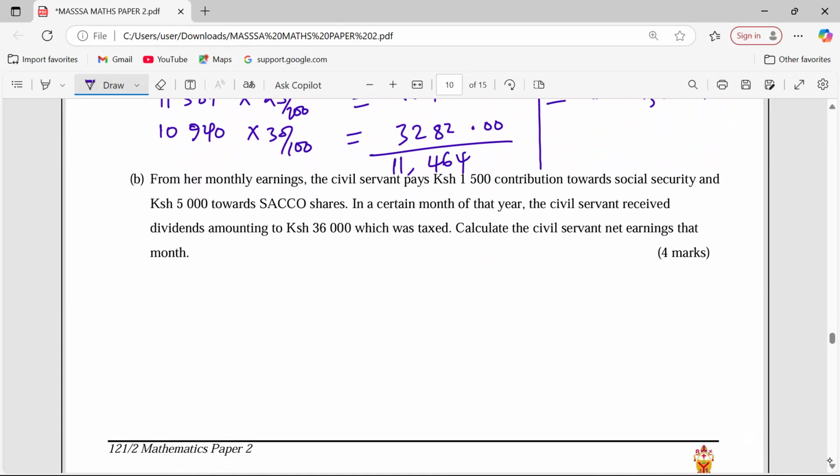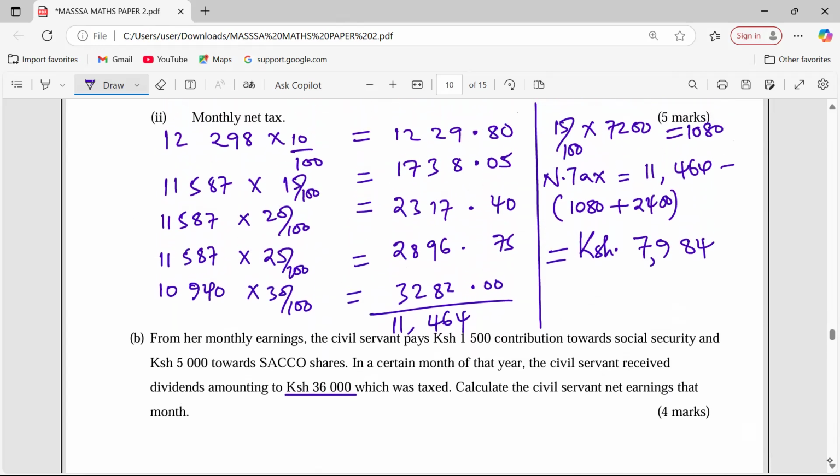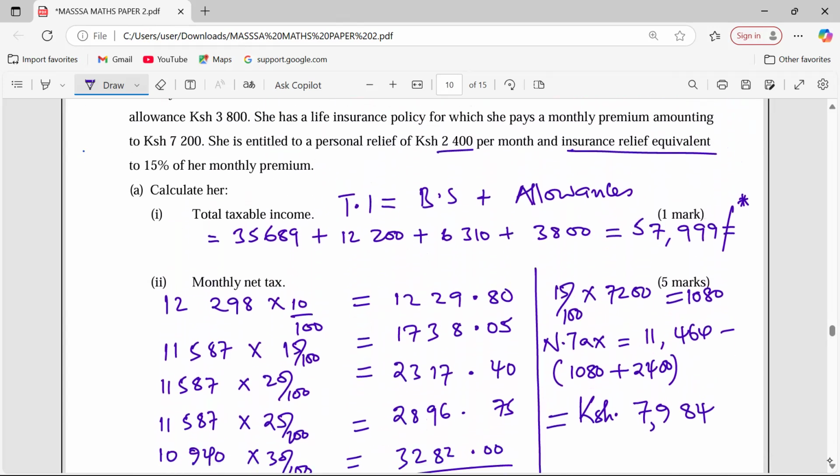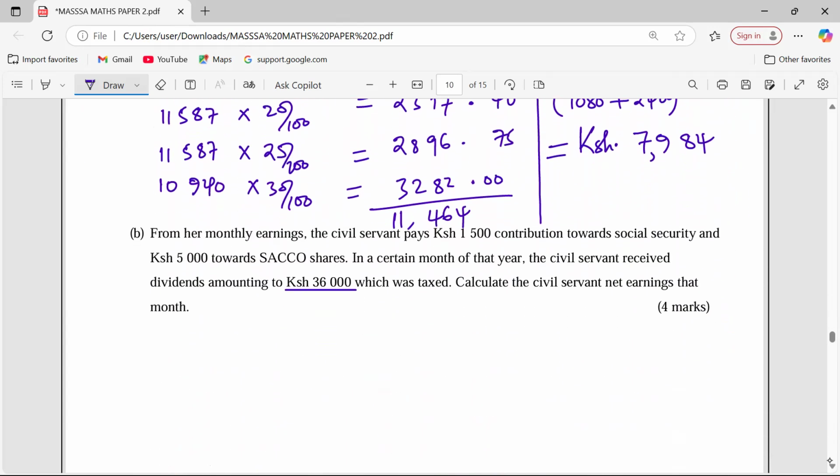In a certain month of that year, the civil servant received dividends amounting to 36,000 Kenya shillings, which was taxed. Because the initial earnings were taking us to the last band, this amount will all lie in the last band. Calculate the civil servant's net earnings this particular month.